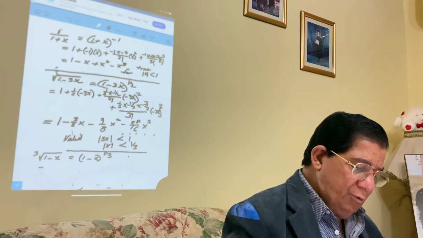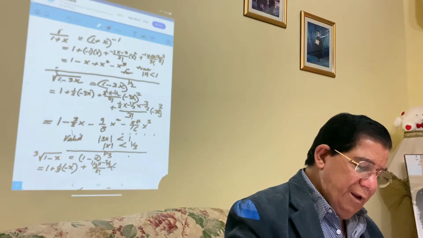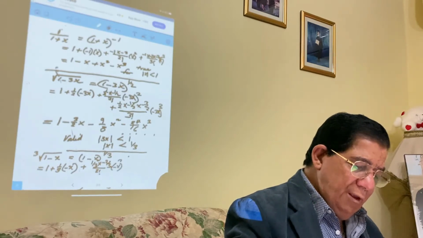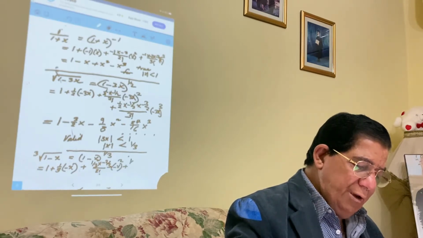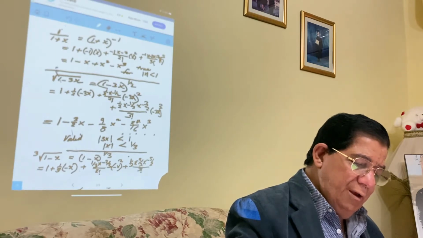This would be equal to 1 plus 1 over 3 times minus x plus 1 over 3 times negative 2 over 3 over 2 factorial negative x squared plus 1 over 3 times negative 2 over 3 times negative 5 over 3 over 3 factorial minus x cubed.